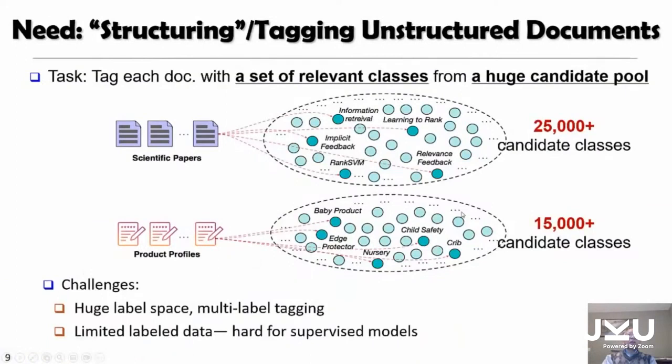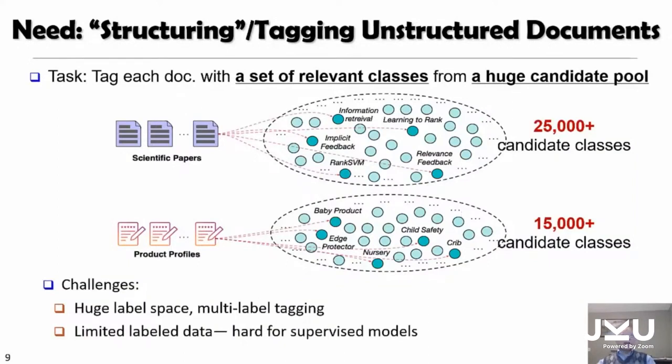And we also study how we can do unstructured text classification. If you think about it, the majority of people doing classification consider only a small number of classes, like 10 classes or only 2 or 3 classes.